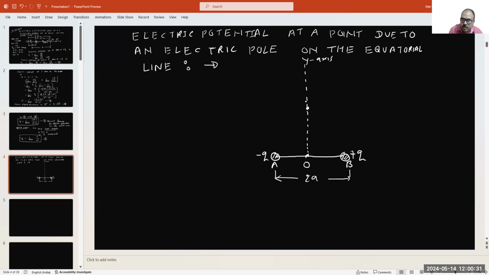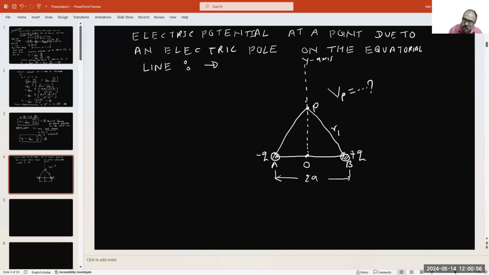Take any one point P where we have to calculate the potential. Join the point A to the point P. Similarly, join the point B. If you are thinking of the positive charge first, you write R1.